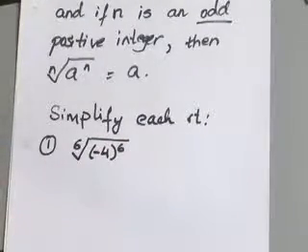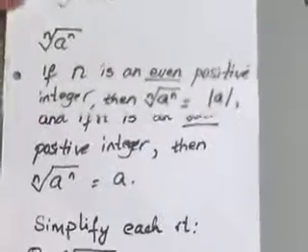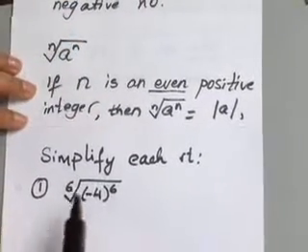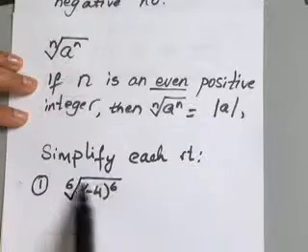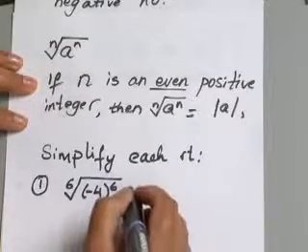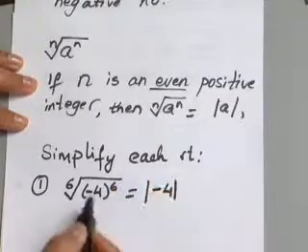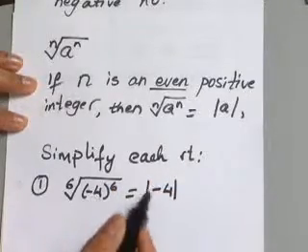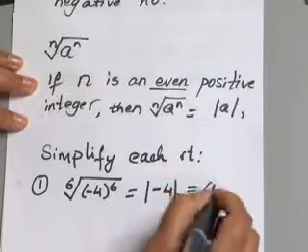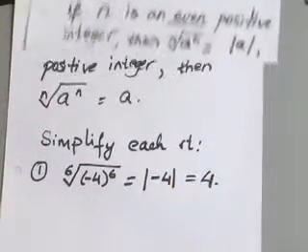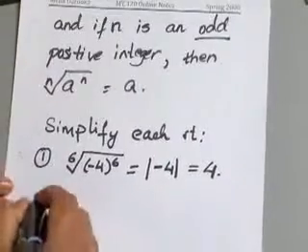Now again, remember we said if n is an even positive integer, and you can see n here is a positive 6, then the value for this is going to be absolute value of -4, absolute value of a, which will of course give us +4 as the answer. Okay, this is when n is even.